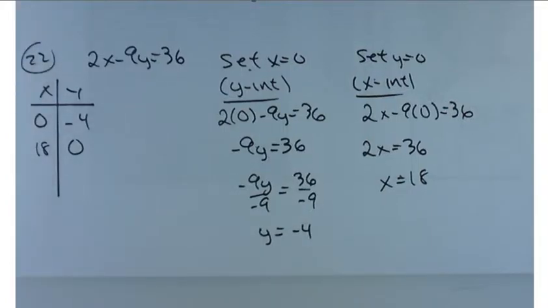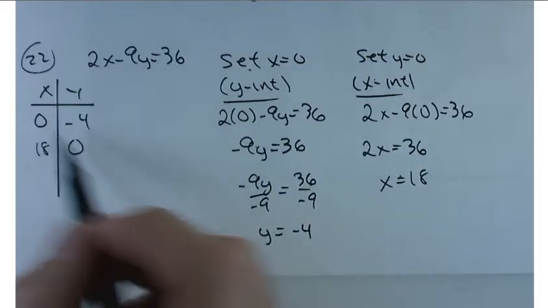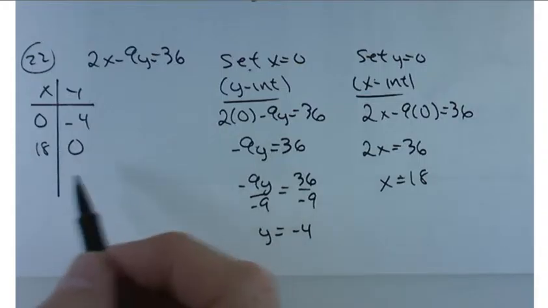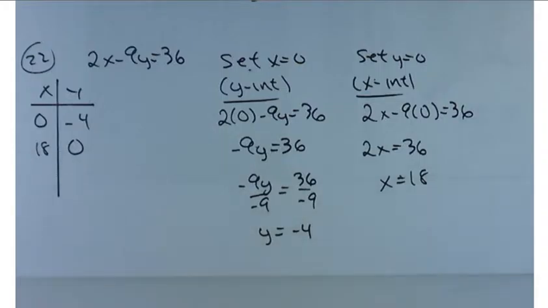Quite often when I ask you to graph these things, I'm going to ask you to graph them using 3 points. So what we would have to do is find yet another point. So you've gotten rid of the easy ones. The next one would be to set x equal to something or set y equal to something and try and find that third point. All of your points should lie on the line that we get when we graph these other two.